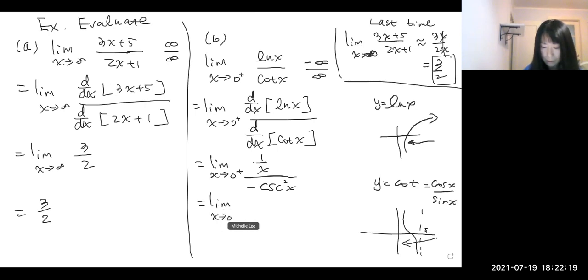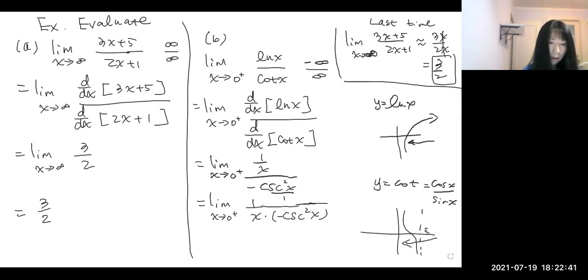All right, so let us simplify. This means we keep the first fraction and take the reciprocal of the second fraction, that is times over 1, right? So it will be 1 over x times 1 over negative cosecant squared x.